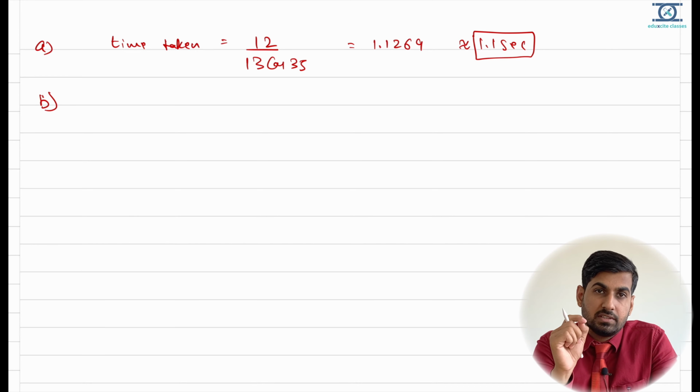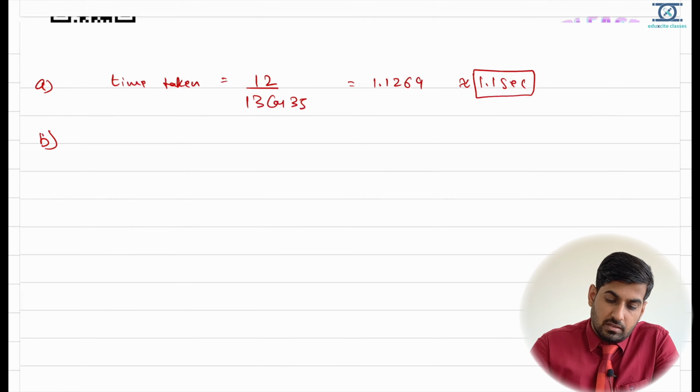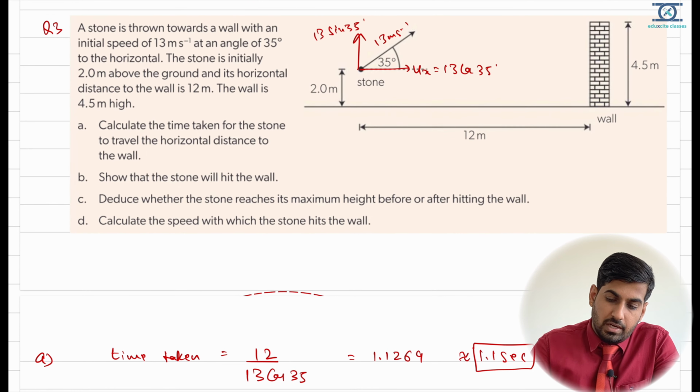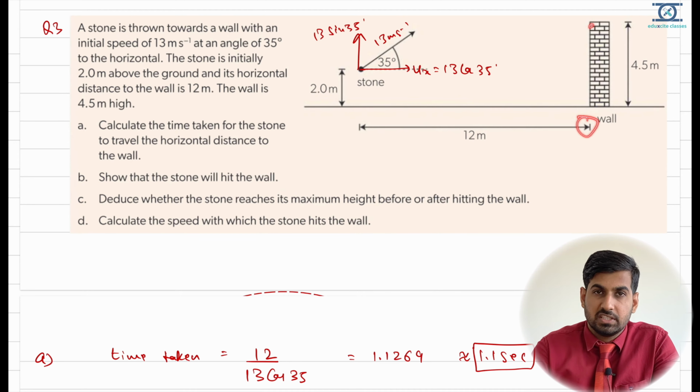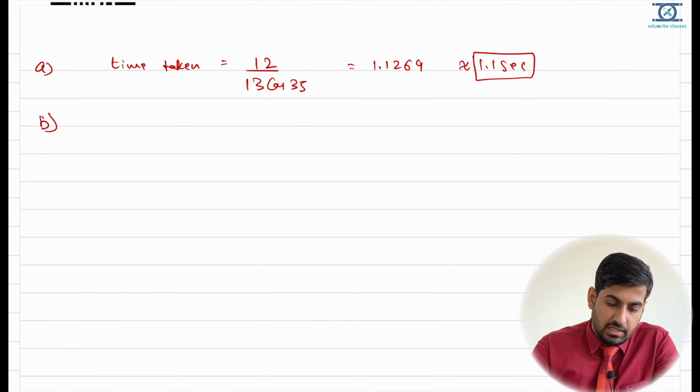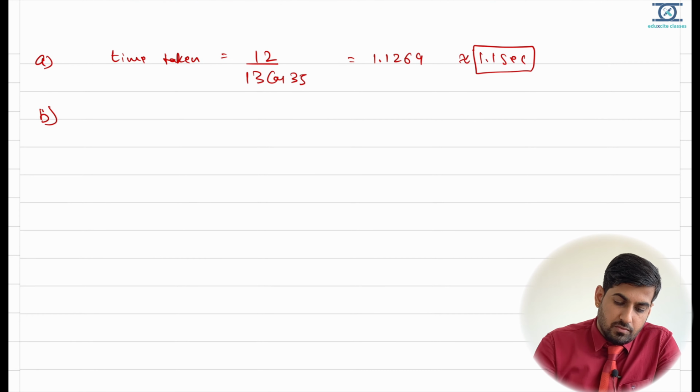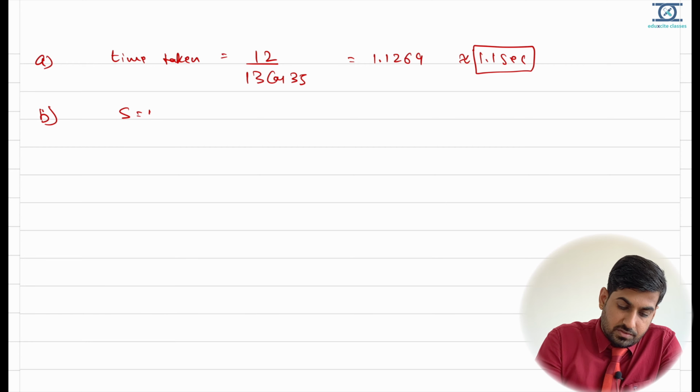Okay, so I will just calculate what the displacement will be at 12 meter. Accordingly I can compare. Okay, so for that what I can do is, we can use s equals ut plus half at square in the vertical direction, right?